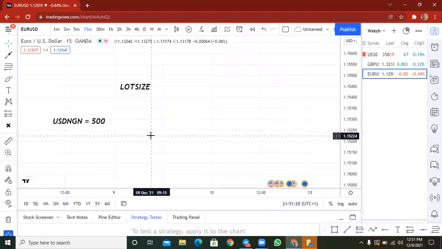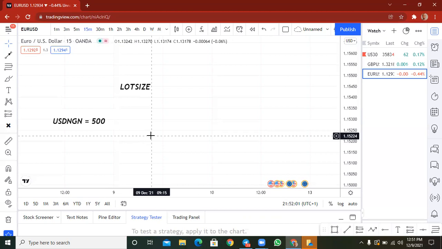So if 10,000 naira is $20, the guy doing the exchange included his own exchange rate. Let's say the real bank charges USDNGN equals 400, and this guy is telling you USDNGN equals 500. So his gain there was 100 naira. If you do a transaction of 10,000 naira, how much is going to be his gain?